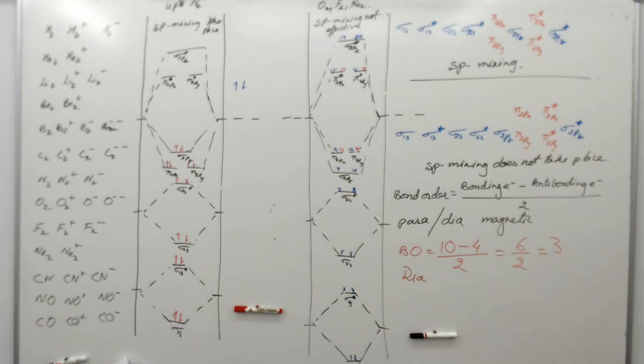Yes, sir. If two species have same bond order, then the species which has less number of antibonding electrons is more stable.